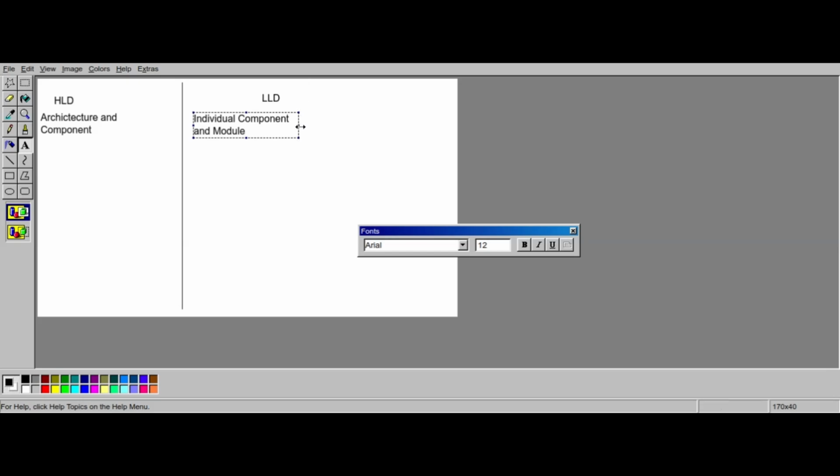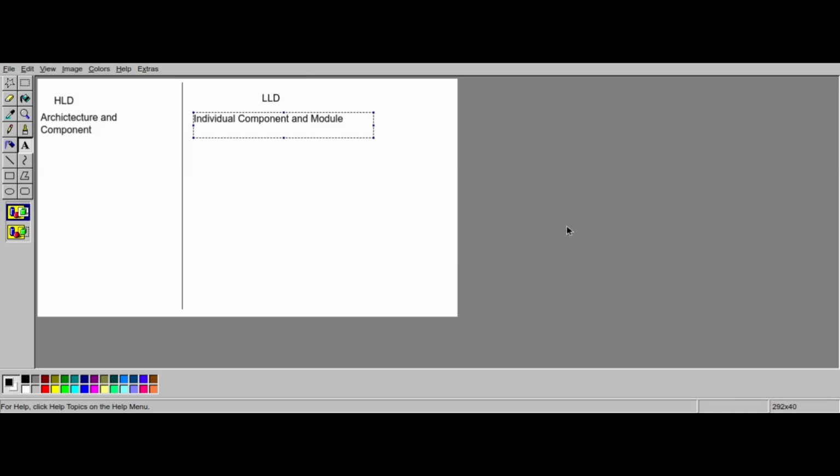In this phase we will discuss individual components. I already said what a component is, and now individual components and individual modules mean which components and which modules will be included. That is the low level design.